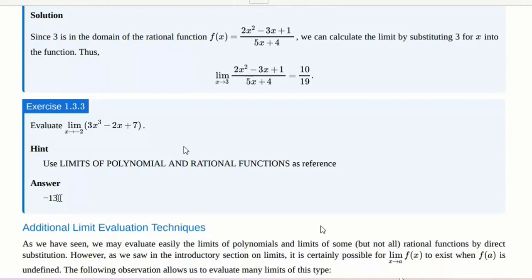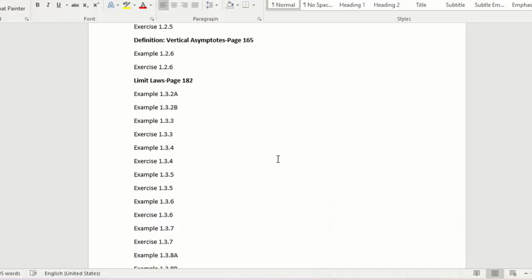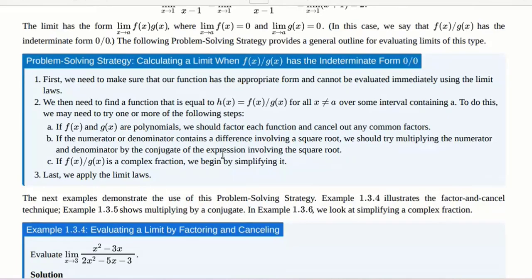Now that was 1-3-3. Now let's see, where do we go from here? Let's look at the next example, 1-3-4. This example is evaluating a limit by factoring and canceling. What do they mean by that?